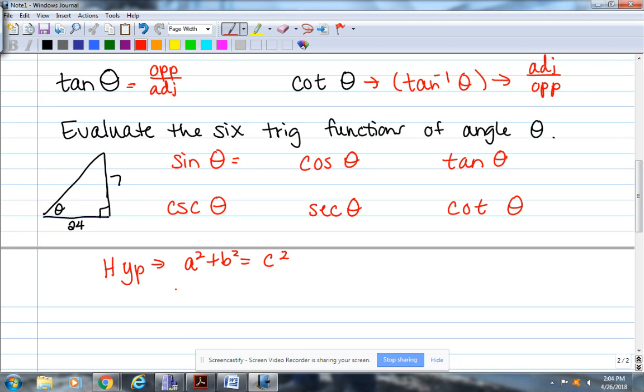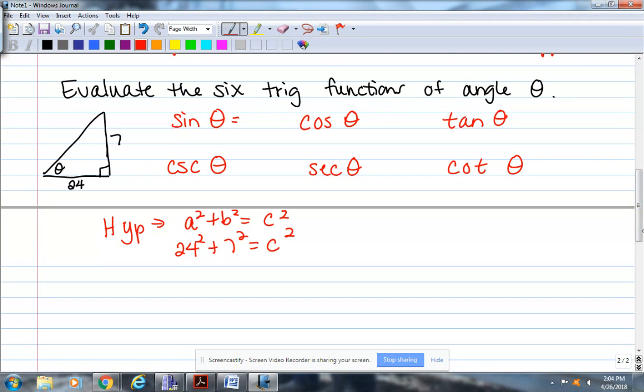So we're going to say 24 squared plus 7 squared equals. 24 squared is 576. Plus 7 squared, which is 49. 576 plus 49 is 625.